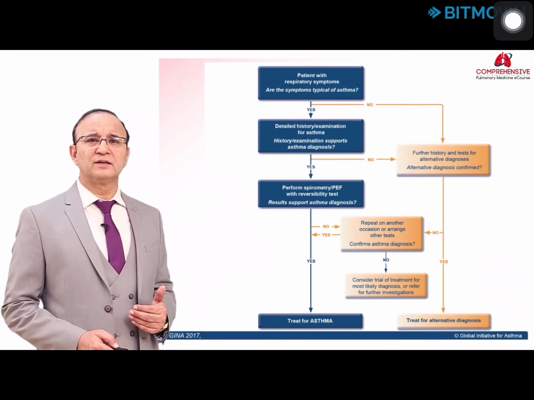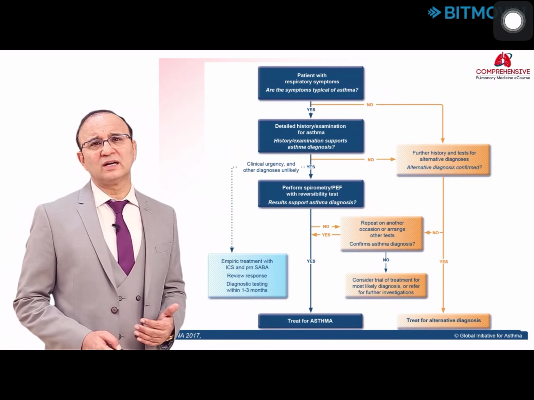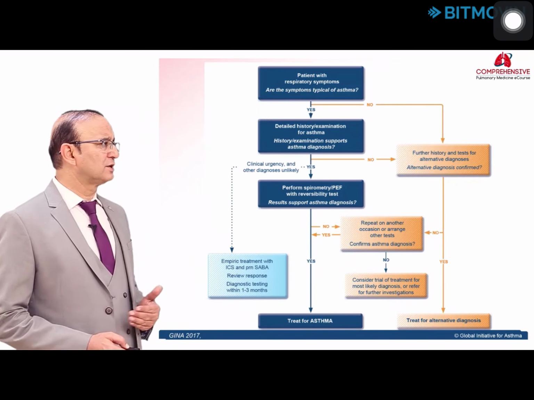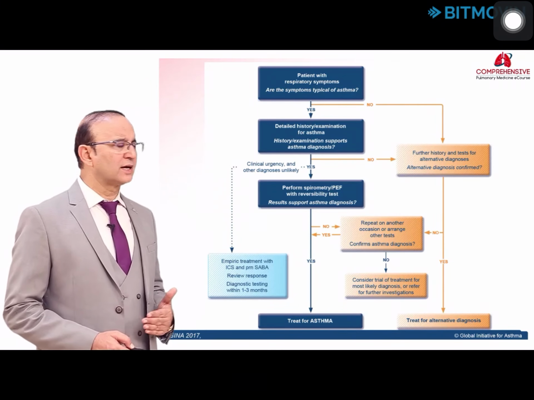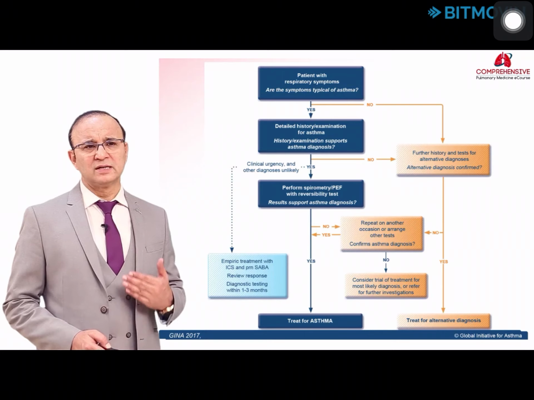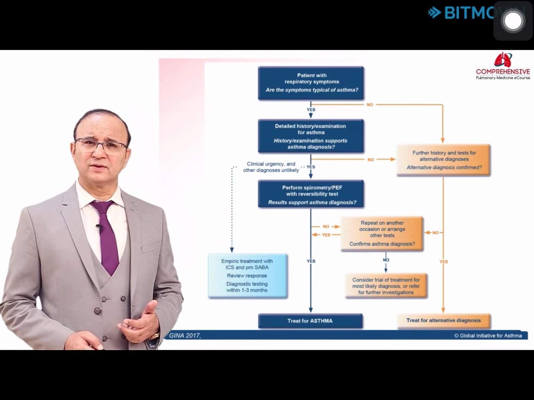The other way is, sometimes when you are not able to confirm because you can't do lung functions repeatedly in your office, then you can give them a trial of empiric treatment with ICS and LABA, review the response and do a diagnostic testing within 1 to 3 months, and if it shows reversibility, then also you confirm the diagnosis of asthma.